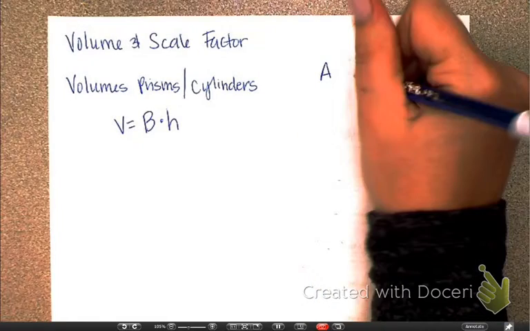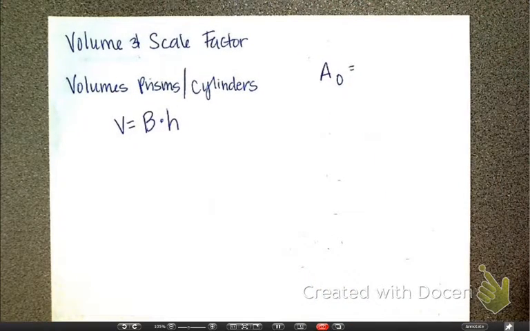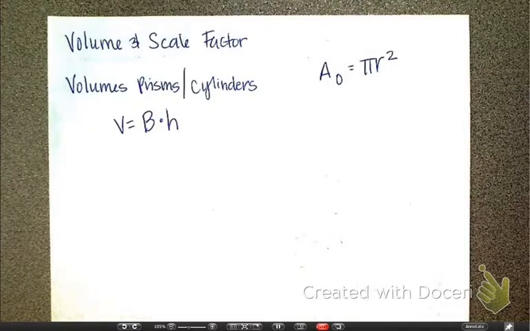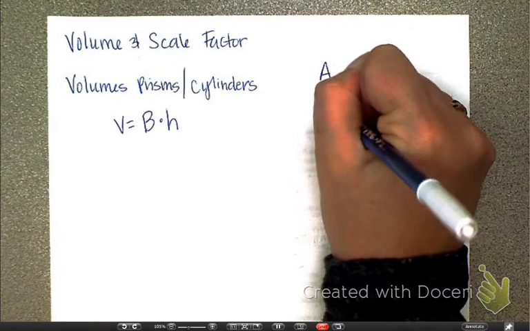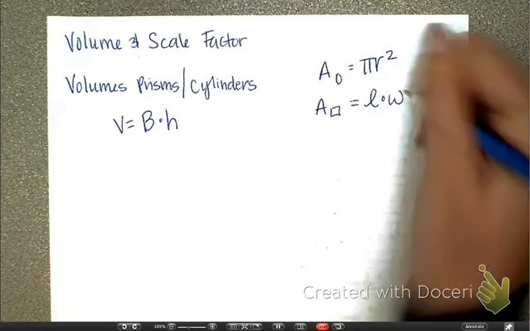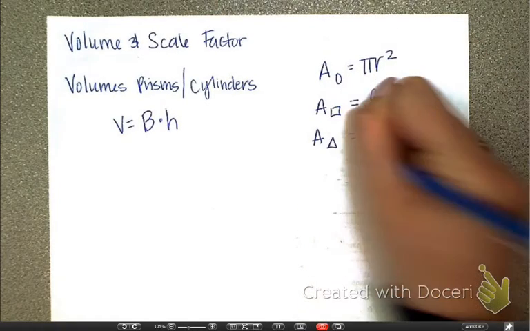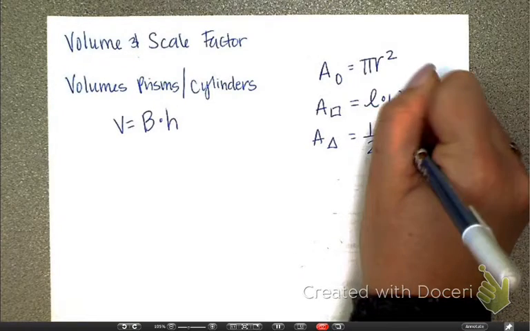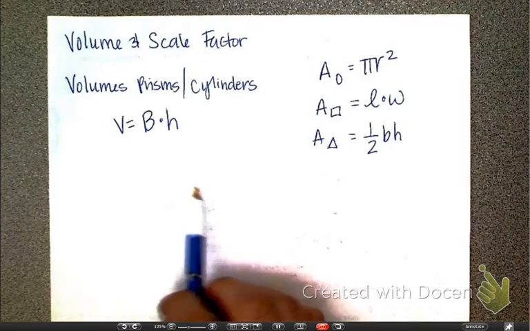A circle. Okay, so that would be for cylinders. What is the formula for area of a circle? Pi r squared. What other base could I have? A rectangle or a square, and what's the area of a rectangle or a square? Okay, and then the last one, area of a triangle, and that area is, okay, those could be your bases. So that's what this big B is.